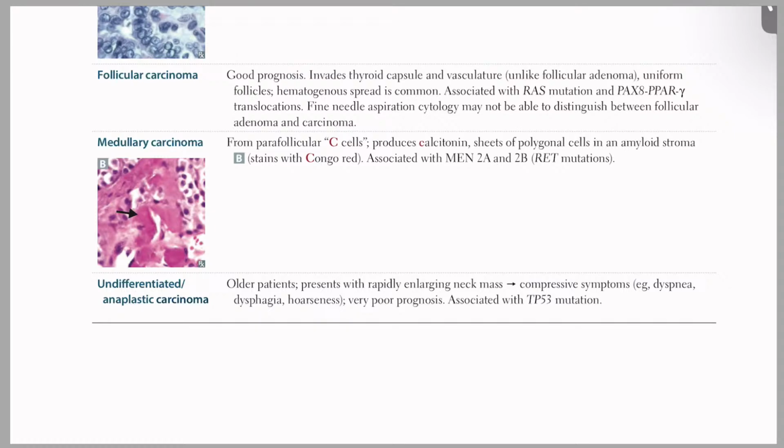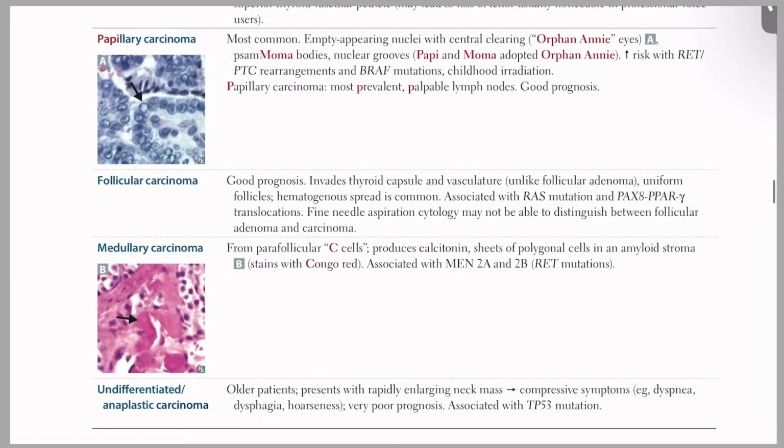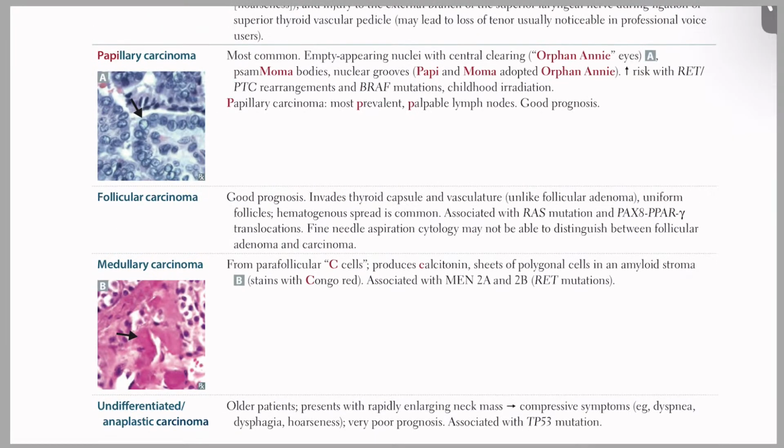Most common, empty-appearing nuclei with central clearing, that is Orphan Annie eyes. Psammoma bodies. Follicular carcinoma, good prognosis, invades thyroid capsule and vasculature, unlike follicular adenoma.